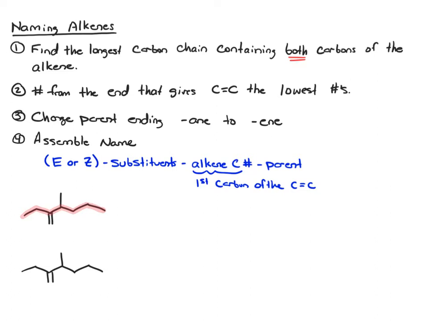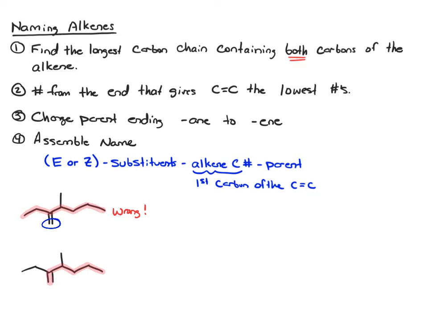The problem is you've left out highlighting this carbon of the double bond. So that's the wrong parent. Instead, our longest carbon chain that captures both carbons of the double bond is this.